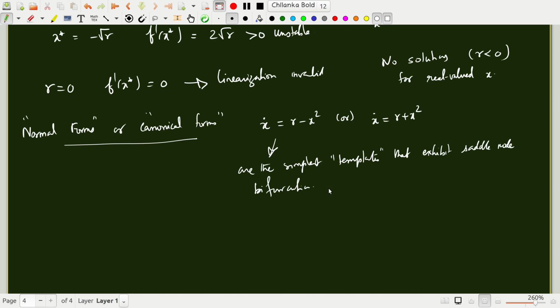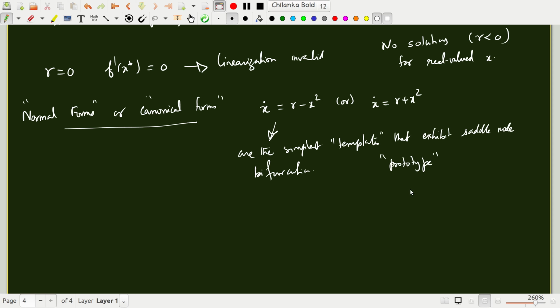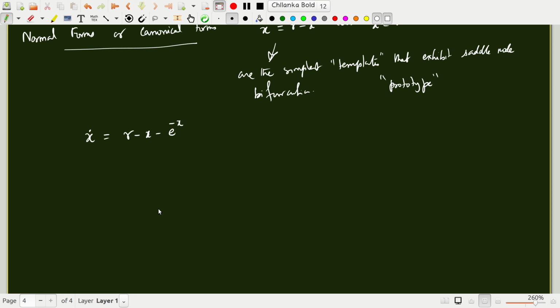Now what I mean by that is, these are in some sense the prototype equations. You may have a more complicated equation, for example, you may have an equation like this, but close to the point of bifurcation, you will find that this equation can be expressed in this form. Now this is a much more complicated equation. Bifurcation happens at R is equal to 1 and x equal to 0 in the xR plane.